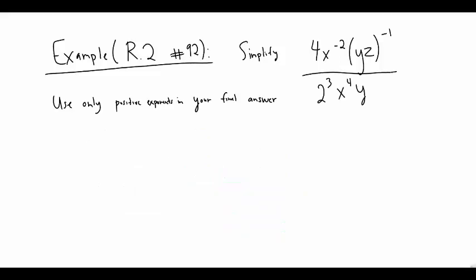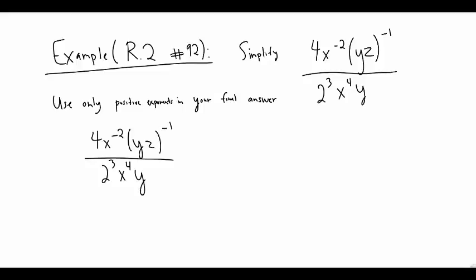Simplify this expression. We want to simplify it as much as possible. And the instructions say to use only positive exponents in our final answer. This is a fairly complex looking expression. We have lots of exponents going on.